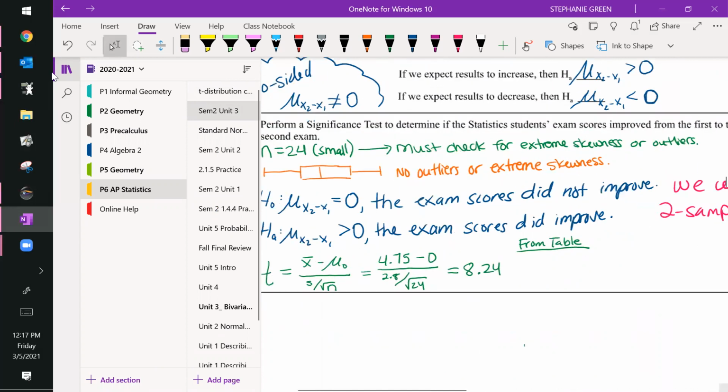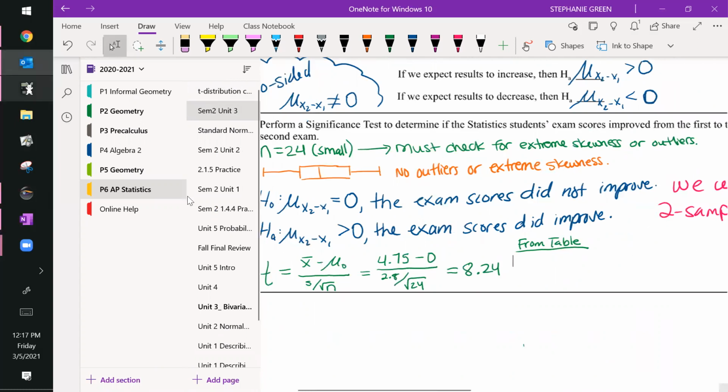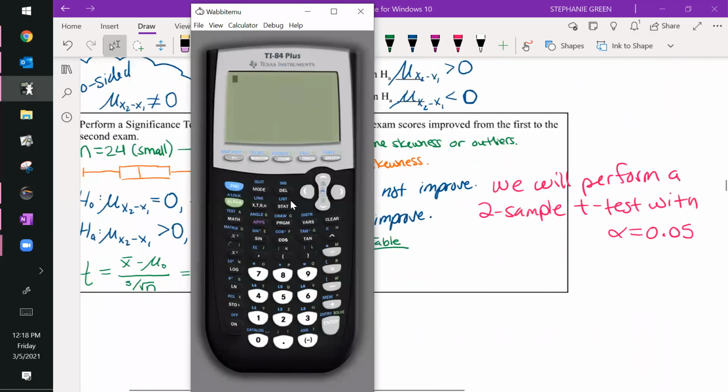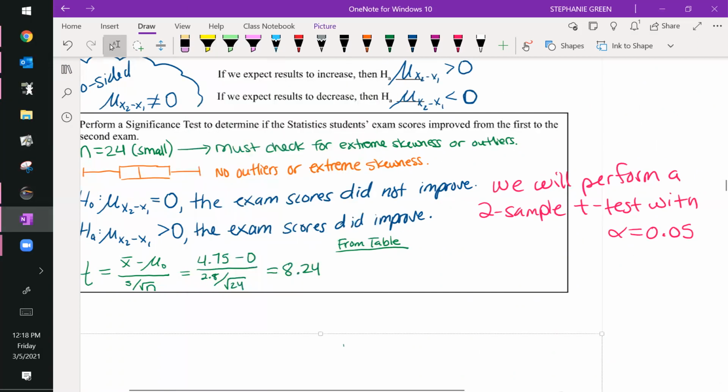But let's go ahead and use our calculator since we have it to get our exact p-value. So to do that, I will go TCDF. And actually, I'll give you a note here. This is not on the table.